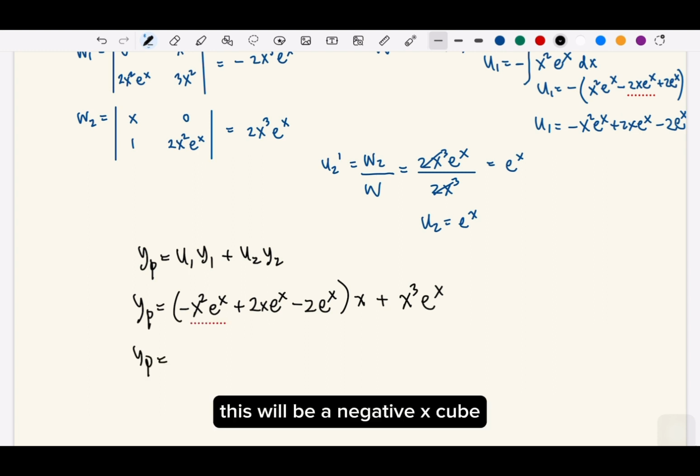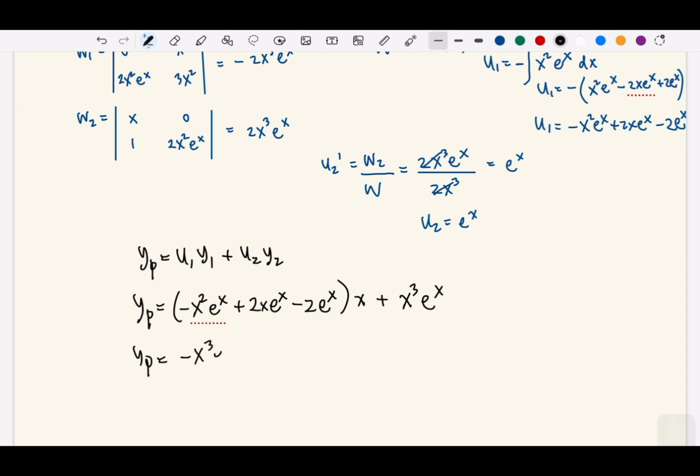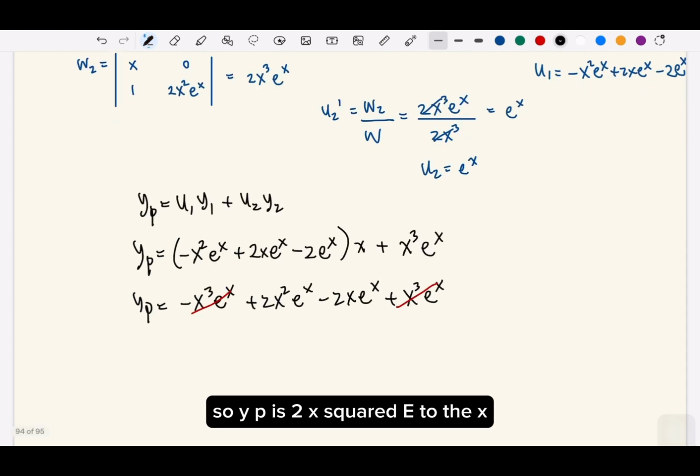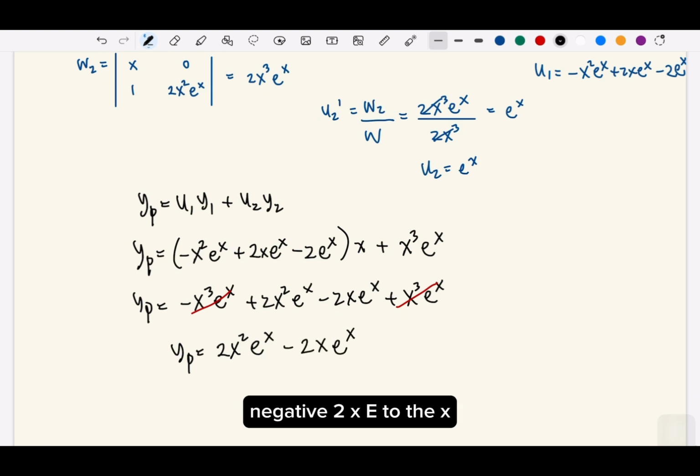This will be negative x cubed, we can cancel this. So yp is 2x squared e to the x minus 2x e to the x.